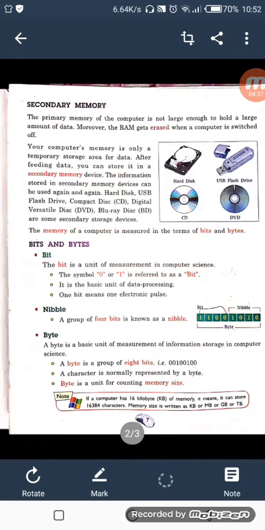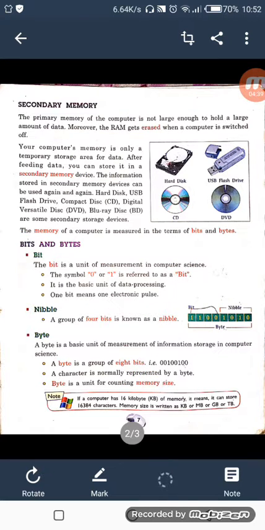Okay, now let's move to secondary memory. What is secondary memory? The primary memory of the computer is not large enough to hold a large amount of data. It means there is a shortage of memory in primary memory; there is not that much memory inside ROM and RAM.